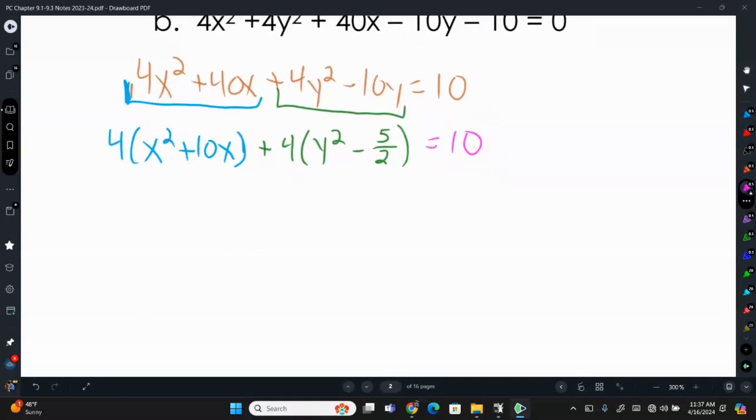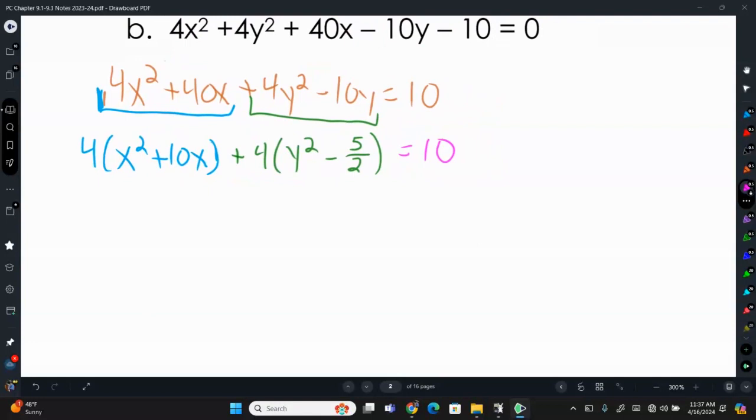Now, and we experienced this at the beginning of the year working with quadratics, when you complete the square for the x and y, we have to multiply by that number we factored out in front, not the GCF. So we factored out a 4 from the x's. So when we complete the square with x, we have to multiply by 4 when we add it to the other side.